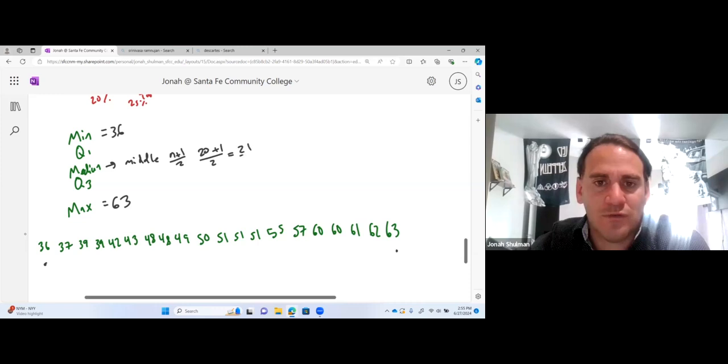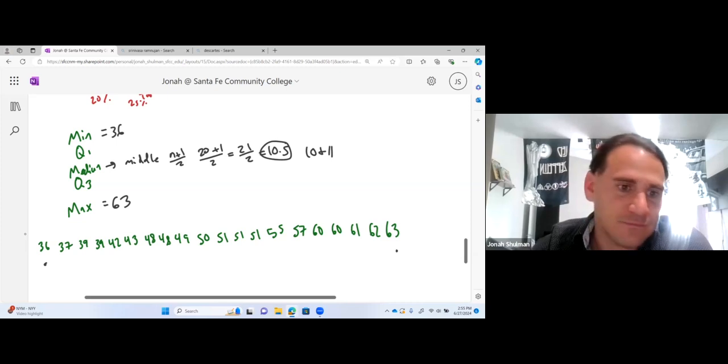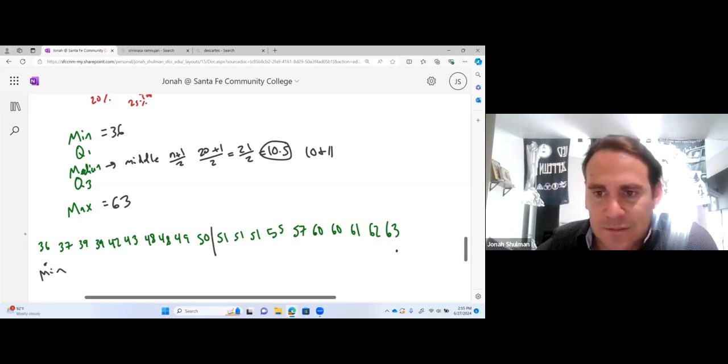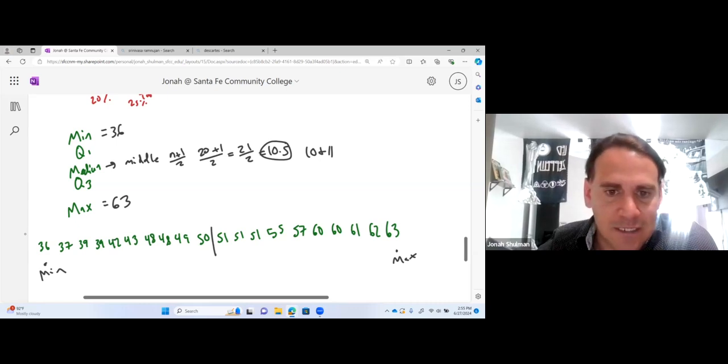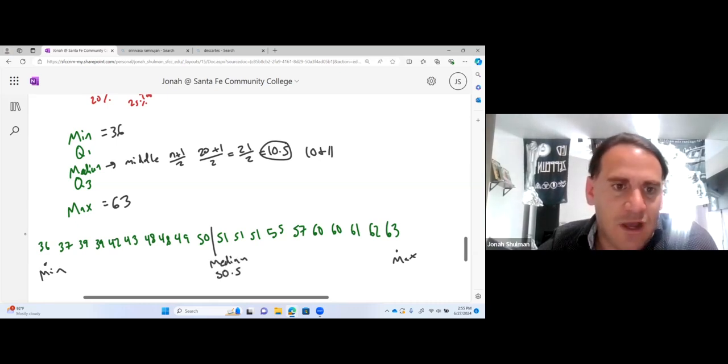What is 21 divided by 2? This means our middle number is going to be between the 10th and the 11th term. 1, 2, 3, 4, 5, 6, 7, 8, 9, 10, and 11. So this is the min, this is the max, and this is the median, which is 50.5.